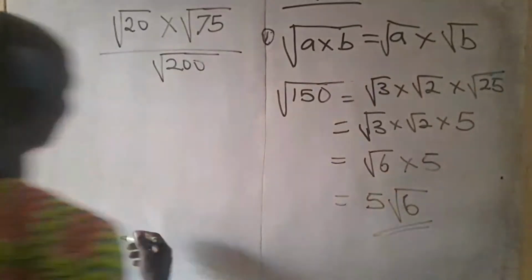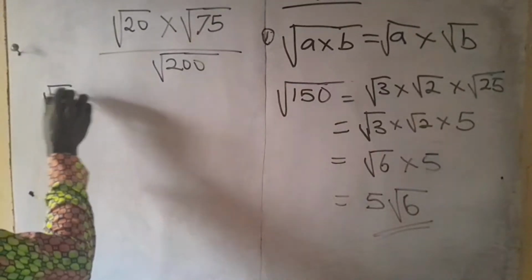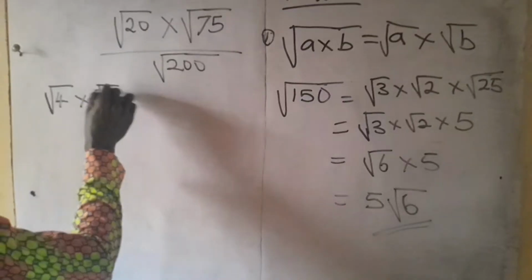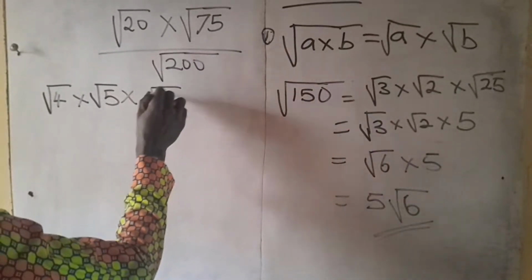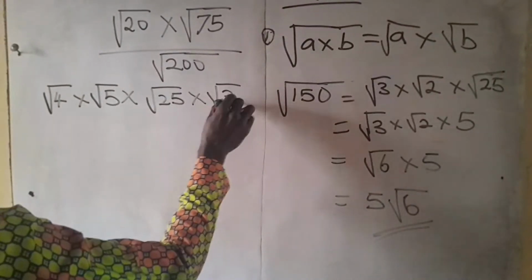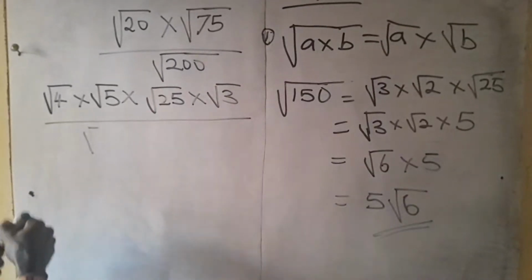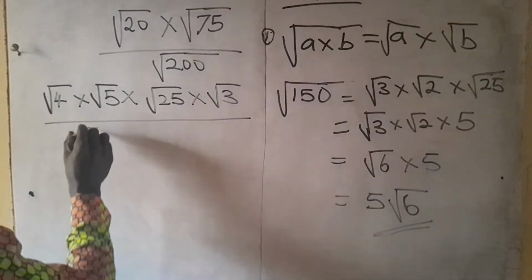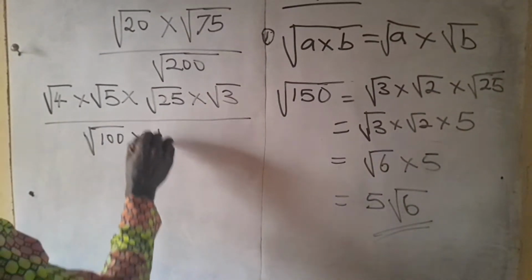So I have here root 20 is going to be root 4 multiplied by root 5. Then multiplied by root 75, which is going to be root 25 multiplied by root 3. And then everything all over root 100, which is going to be root 100 multiplied by root 2.